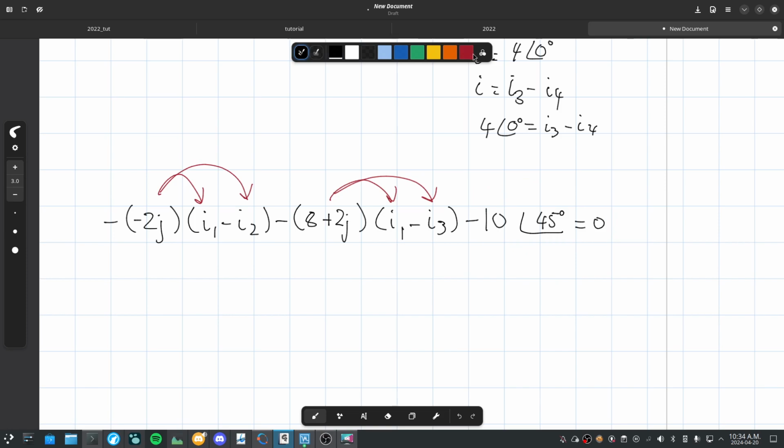So first step, distribute. Let me write that. So it's going to be negative 2j I1. That gets distributed there, so that's going to be plus, let's distribute this negative in first, just so we don't mess it up. So it's going to be 2j I1, and that's going to be minus 2j I2.